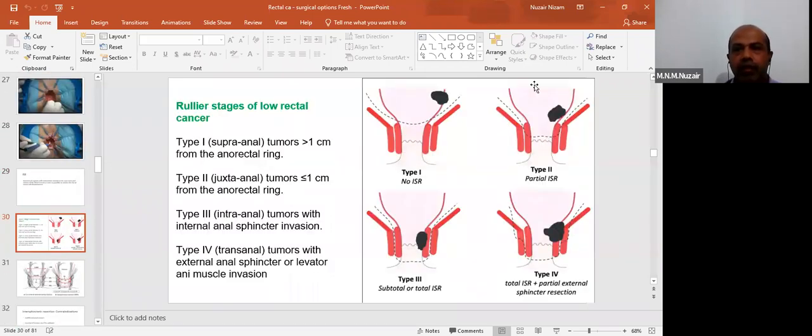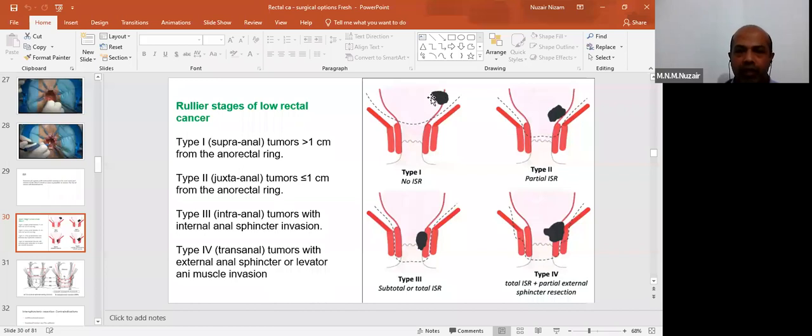So if you look at this, it gives us a good idea about what we have to do in lower rectal tumors. These are called early stages of lower rectal cancer. If the cancer is more than 1 centimeter from the anorectal junction, obviously we can do ultra-low anterior resection. To do an ultra-low anterior resection, there must be at least 1 centimeter clearance.